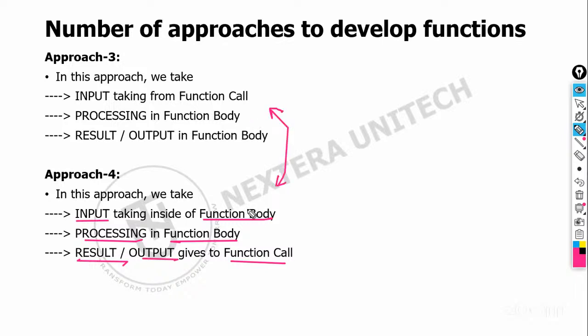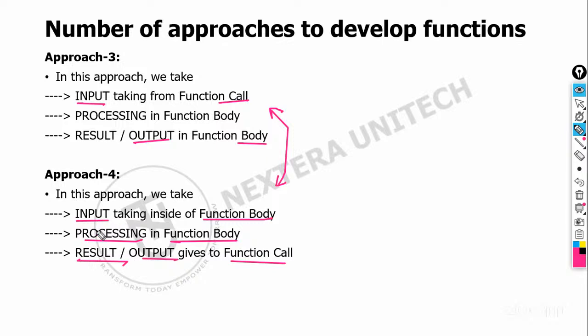You observe both of these two. Approach 1 and approach 2 are opposite of each other. In approach 1, we have input and the output from the function call. In approach 2, both the input and the output we have from the function body. In approach 3, input is from function call and output is from function body.